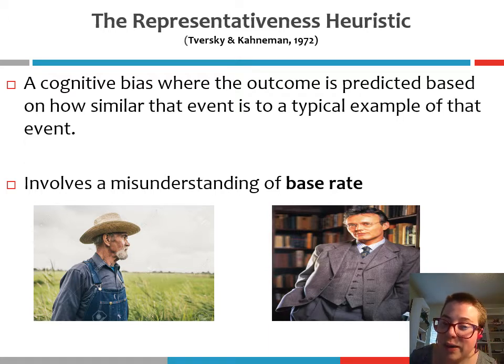So taking into account that there are many, many more farmers in the US who are male than librarians who are male, it would stand to reason that if we were to just pluck someone at random, they're more likely to be a farmer. And by the way, those base rates are still true today. Even in 2020, there are more male farmers than male librarians, right?